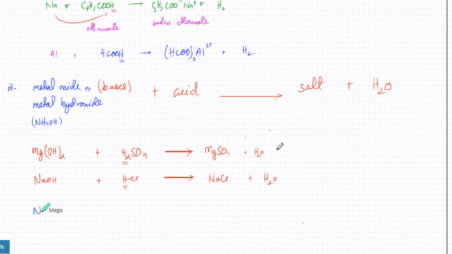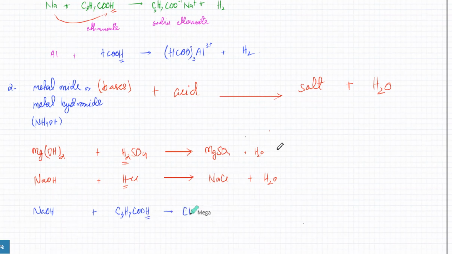So I'm going to do NaOH with some carboxylic acid, let's say butanoic acid, which is C3H7COOH. Remove its H and replace it with Na.